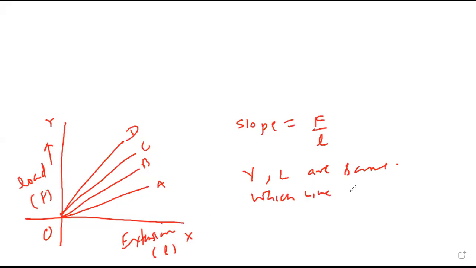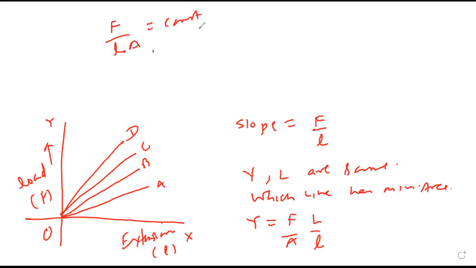Which line has minimum area, then only thinnest. F upon L is slope here. So first, Y is F upon A into L by L. Therefore F upon L upon A is constant because Y and L are constant. So F by L is directly proportional to area.